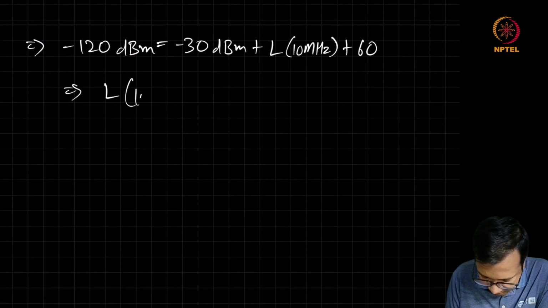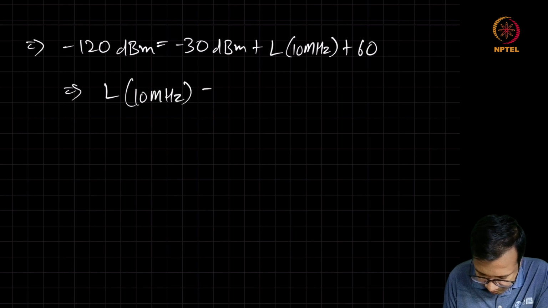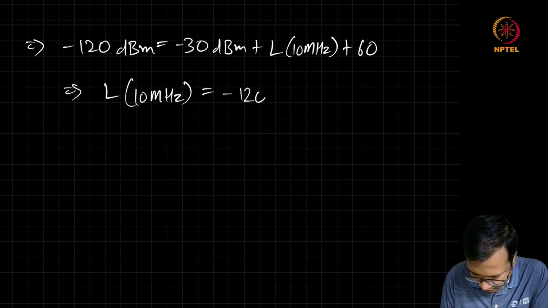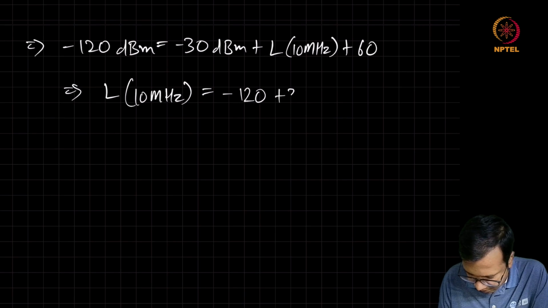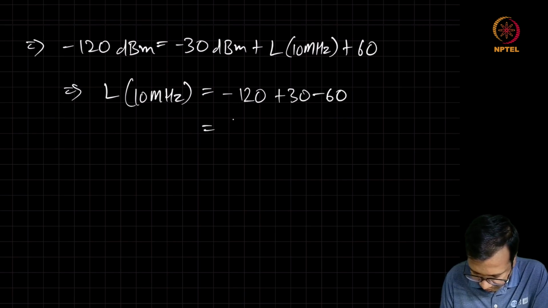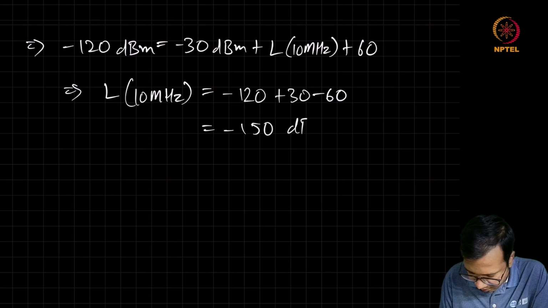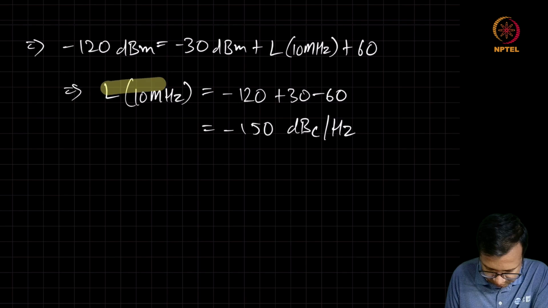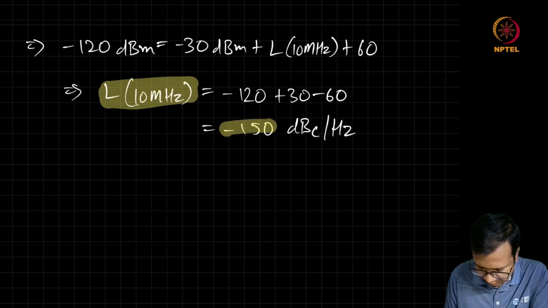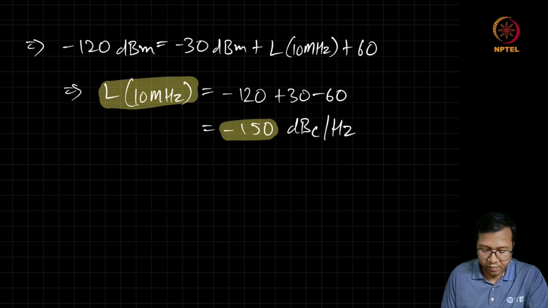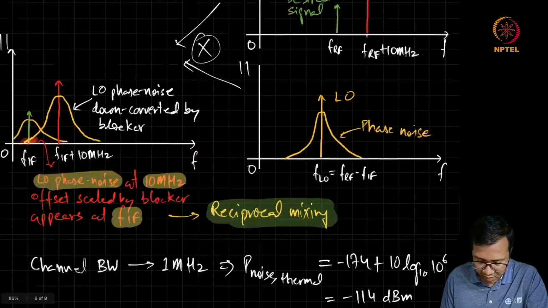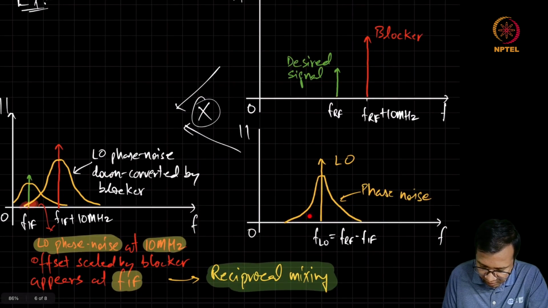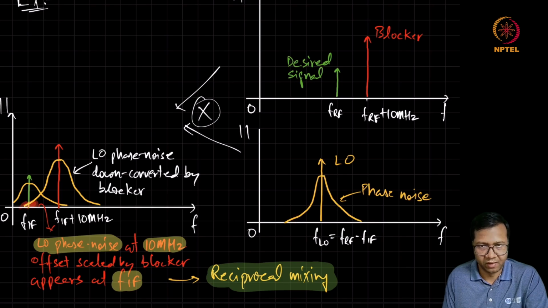So the phase noise at 10 megahertz offset equals minus 120 plus 30 minus 60, equal to minus 150 dBc per hertz. So by this simple calculation, we can find out what the phase noise should be at a given offset so that the noise due to reciprocal mixing doesn't affect the overall SNR.